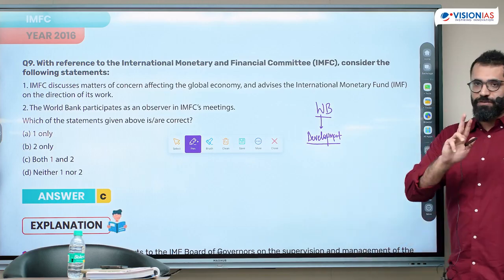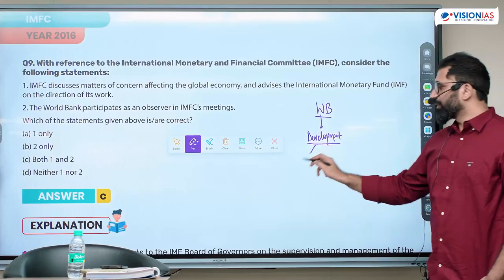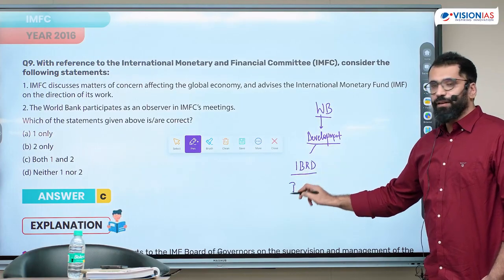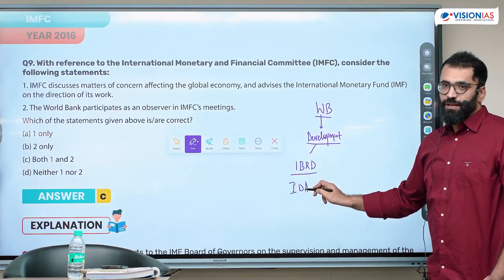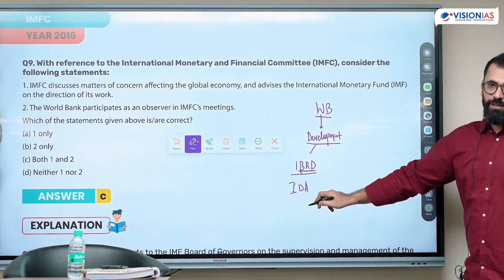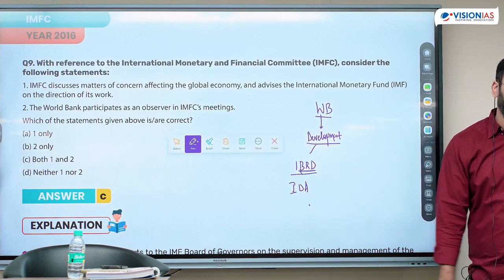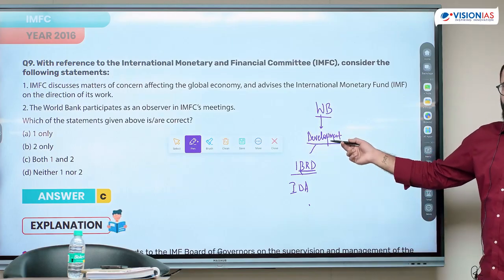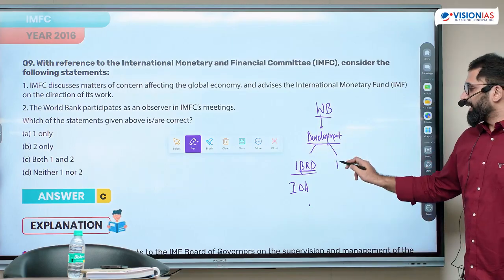There are 2 bodies which provide direct loans. One is the International Bank for Reconstruction and Development, and the other is the International Development Agency. This provides to developing and least developed. This only provides to least developed. Developed world को कोई loan नहीं मिलता World Bank से. Apart from that, World Bank has other bodies also. IFC. Why IFC?